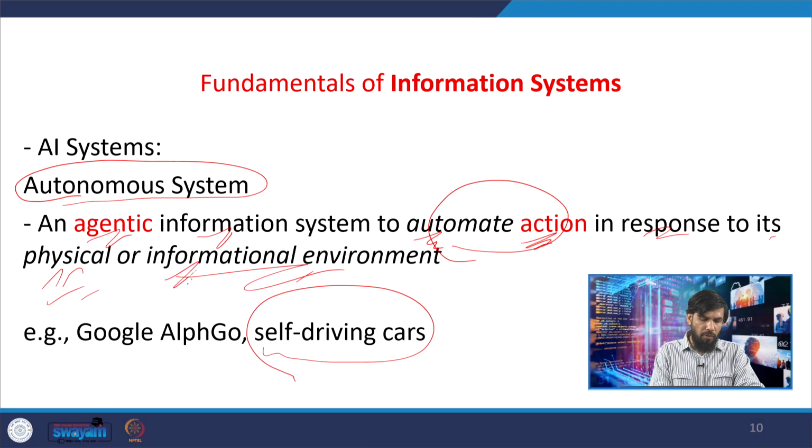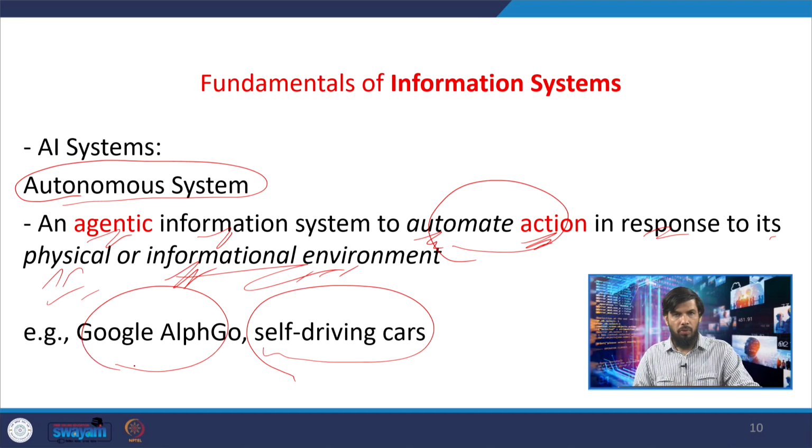Similarly, there can be an informational environment, right. In the informational environment, for example, we take Google AlphaGo. This is a very good example, where Google AlphaGo plays with the top players of the game Go, and this is an informational environment. There are so many strategies for how the pieces are to be moved and all that.